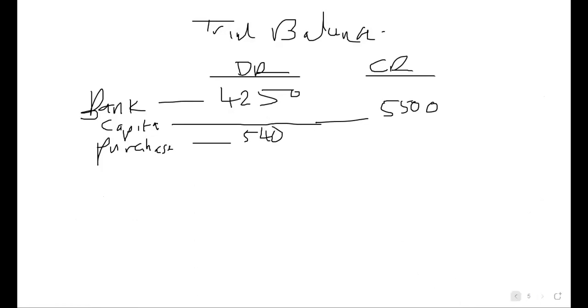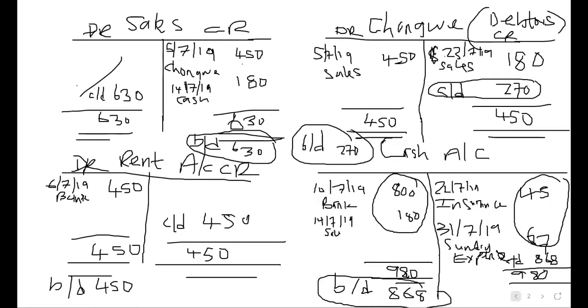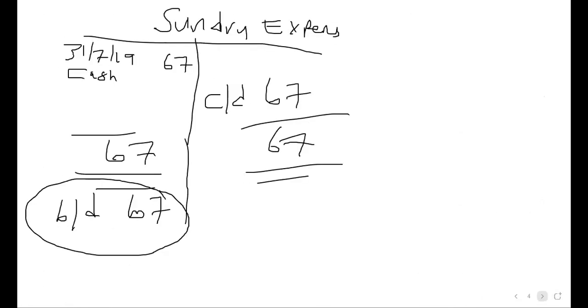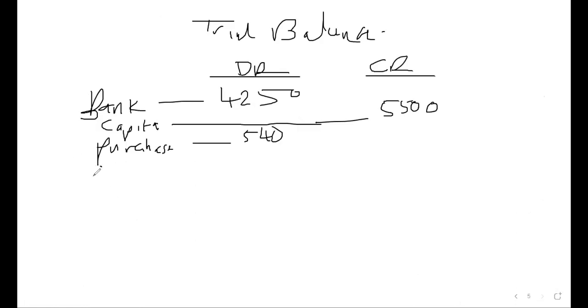What are we having? The other one is the Trade Kings, which are our creditors. We'll put here 540 plus 25.